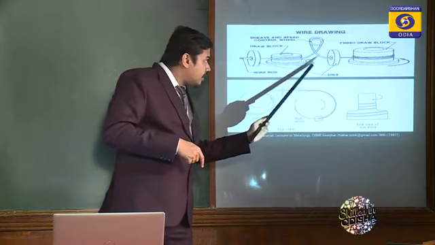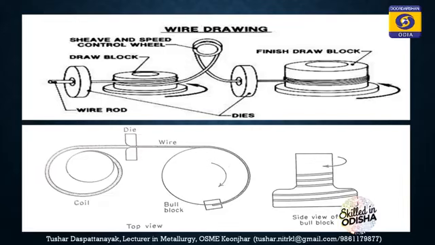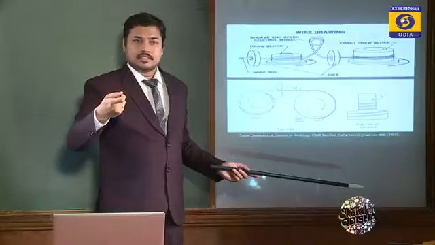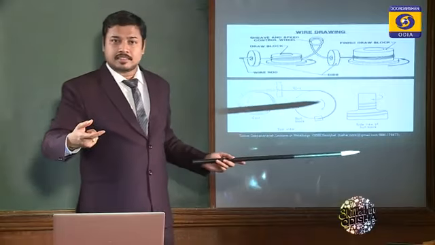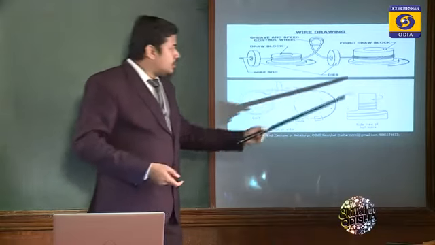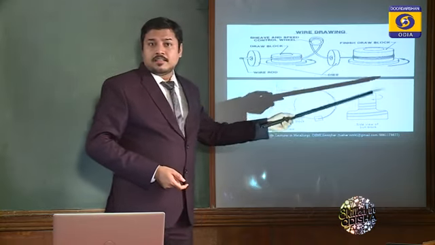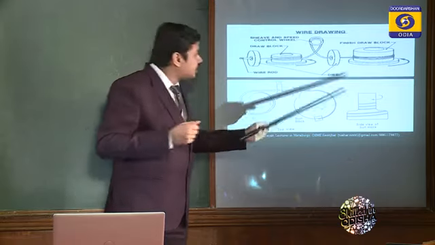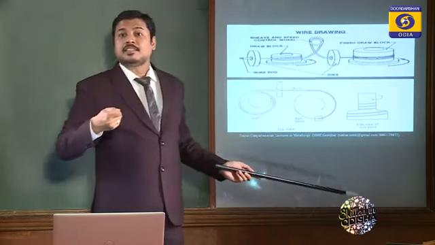When the rod or the wire comes out of this die, its length increases. Why length increases? Because diameter reduces. That is why the length increases. Isn't it? As the length increases, the speed also increases. So this drive that is connected to this draw block must sync with the wire coming out of this die.